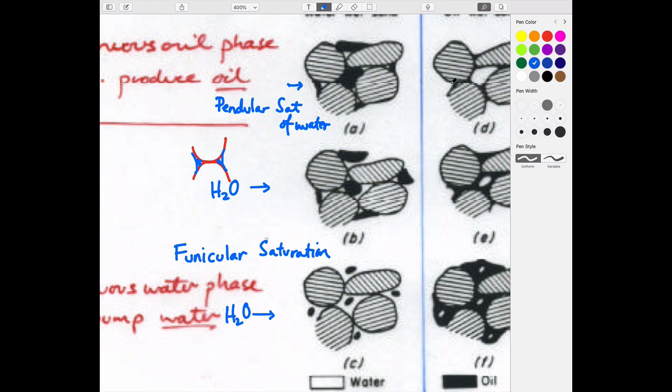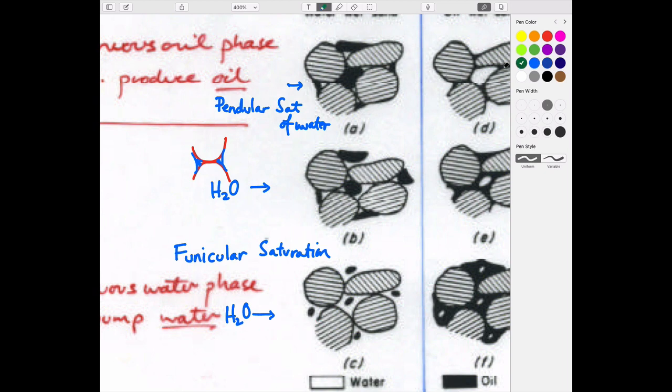Therefore, pushing water in from one side doesn't push water out the other side. What it has to do is swell this particular donut, make it larger, until it's connected as a fluid. And until it's connected as a fluid, you'll only produce oil out of the other side of this. Once it's connected as water, you'll produce both.